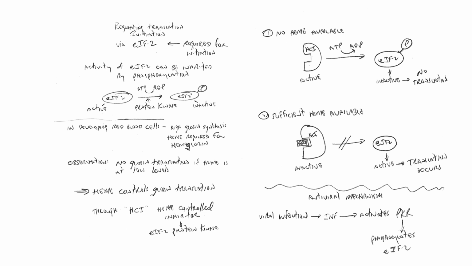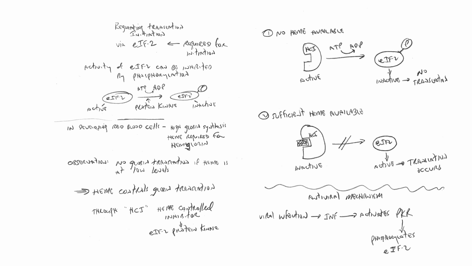Now, I have written below, just to point out, that this is actually an antiviral mechanism that cells use to control viral infections. I have it sketched out very simply. Upon viral infection, the cell responds. Sometimes they refer to it as an innate immune response for viral infections.